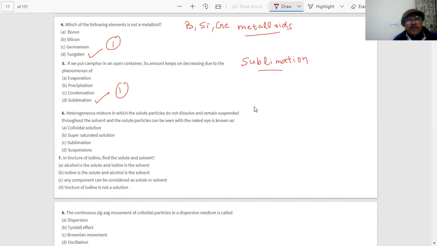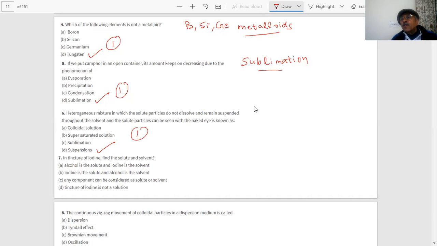A heterogeneous mixture in which solute particles do not dissolve and remain suspended throughout the solvent, and solute particles can be seen with the naked eye, is known as colloidal solution? Sir, suspension. Okay, correct answer. That answer is absolutely correct.